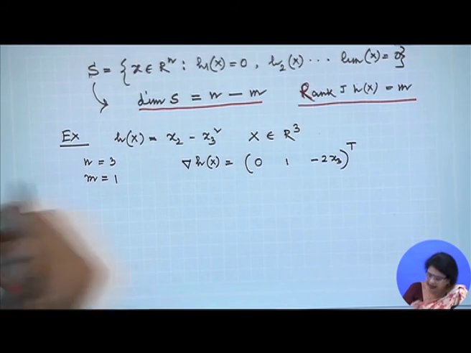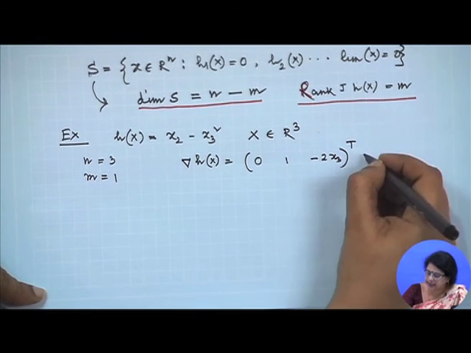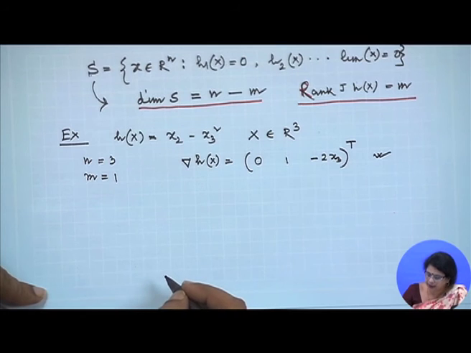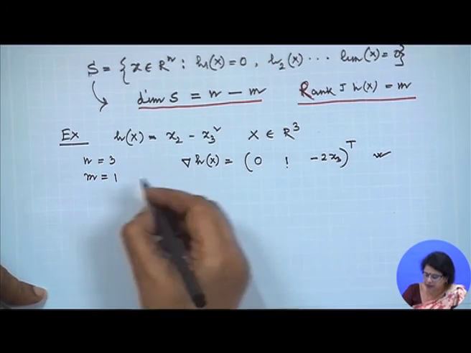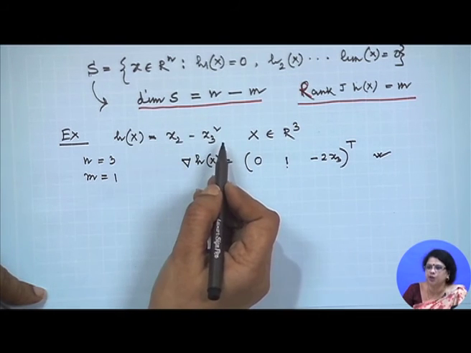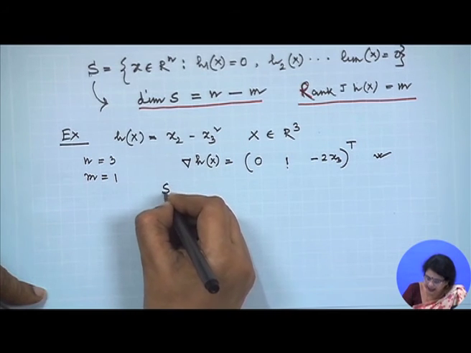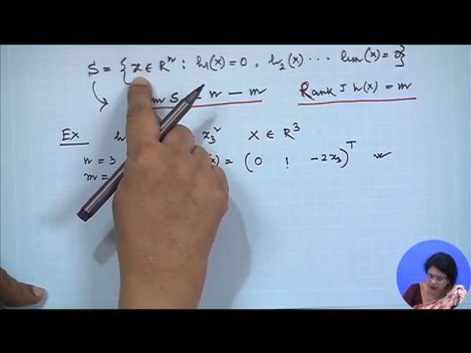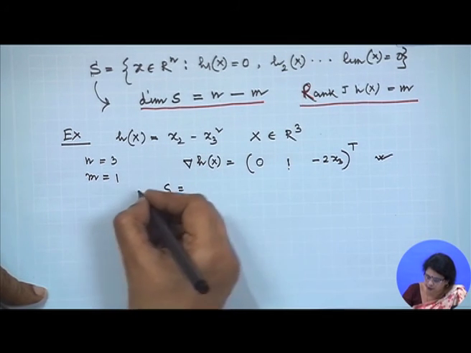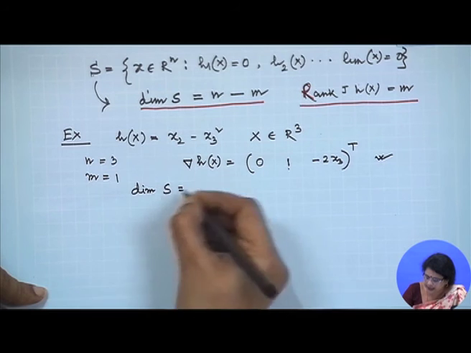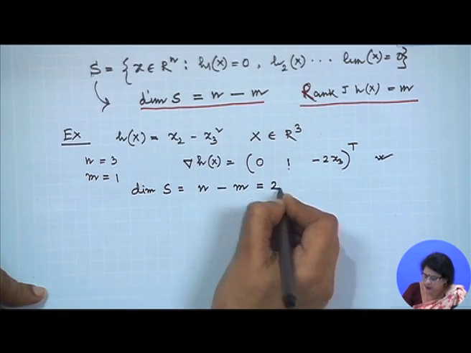Grad of h is this one. What is the dimension of this thing? The dimension of this thing would be 2. That is why we can say that S, the collection of all x which satisfy the constraint, has dimension 2. We can say the dimension of S is equal to n minus m, which is equal to 2.